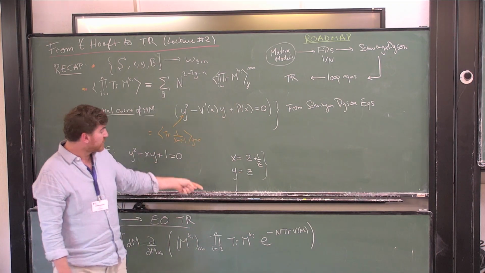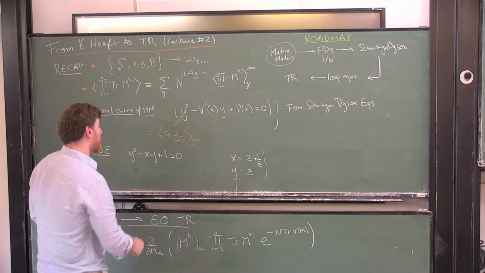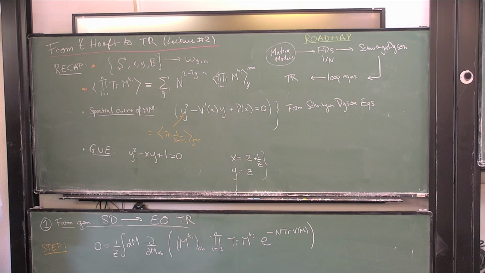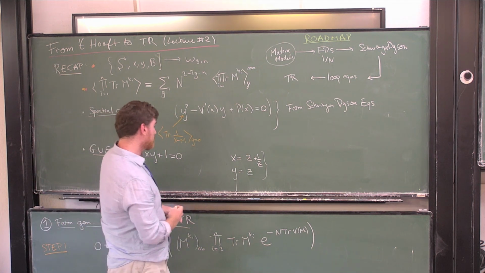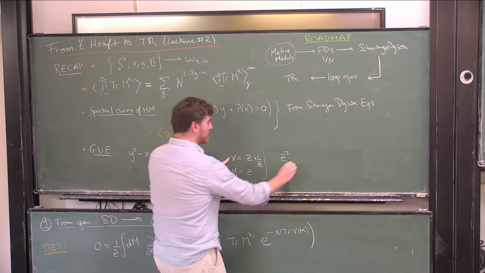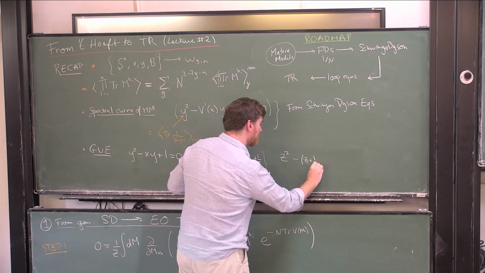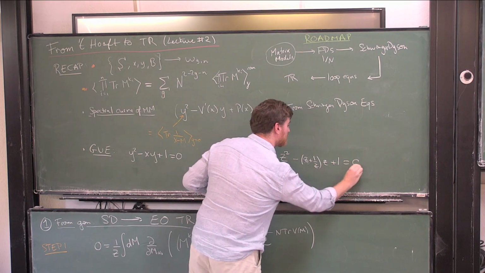And in particular here we can give a parameterization for both x and y in terms of one variable z, which will be basically a coordinate on the spectral curve. So let's just double check that this is indeed satisfying this equation. We have y squared, z squared, minus x, so that's z plus 1 over z, times y, z plus 1 is 0. So let's check this.